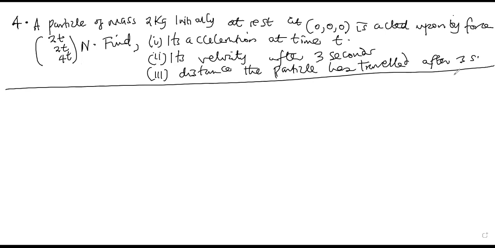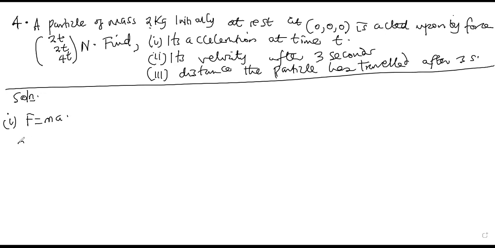This is the most interesting question because it is going to help us discover most of the important aspects. Solution to this question: you're given mass and force. From Newton's second law of motion, we know that force is equal to mass times acceleration.